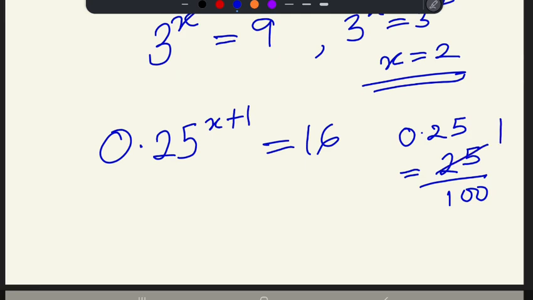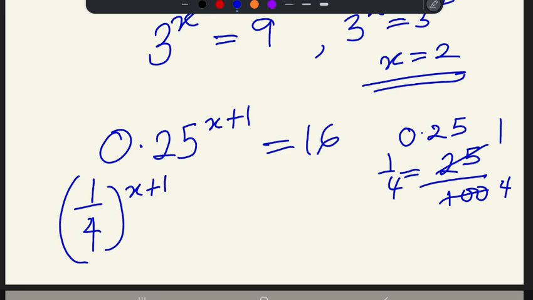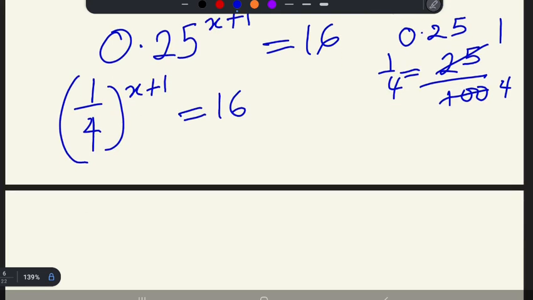So here 1, here 4. We have 1 over 4. So that is the meaning. It means 1 over 4, all raised to power x plus 1, is equal to 16. So let's try to work on this.